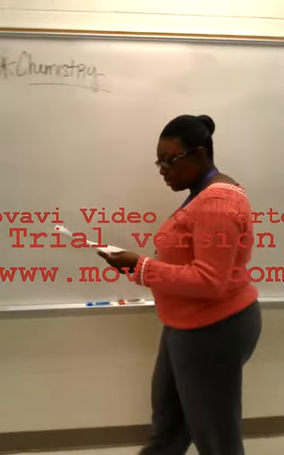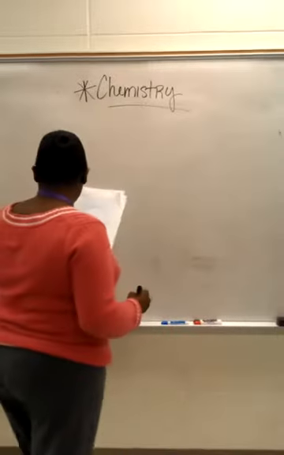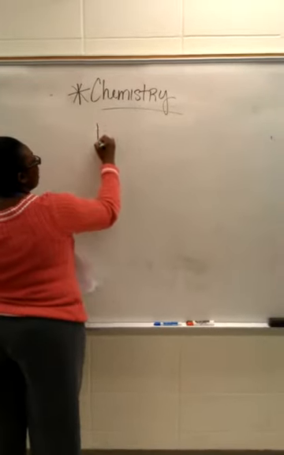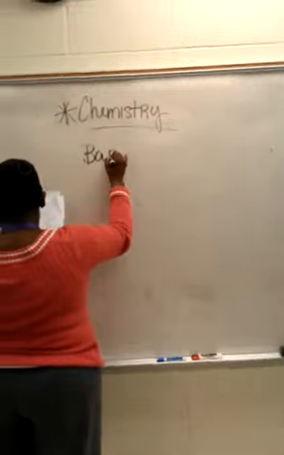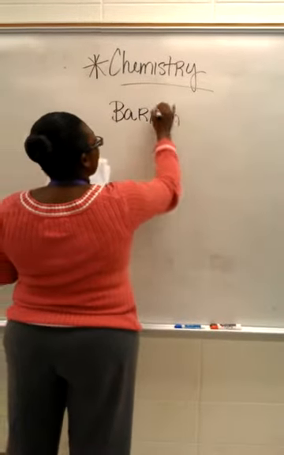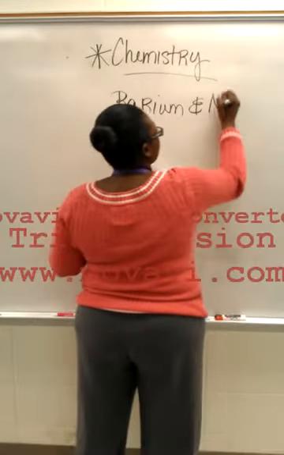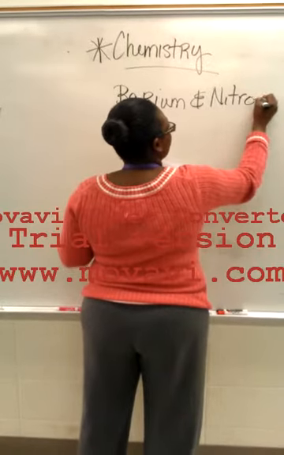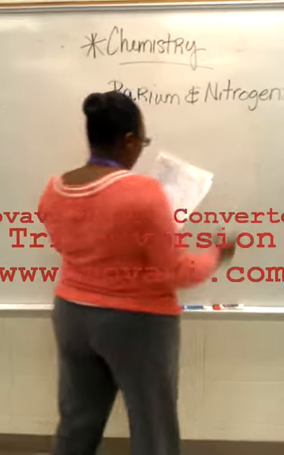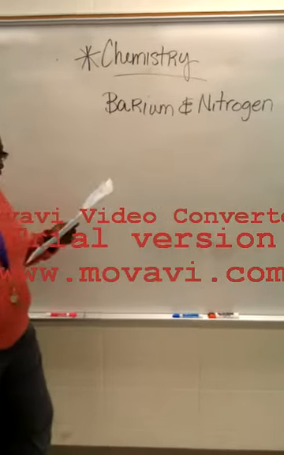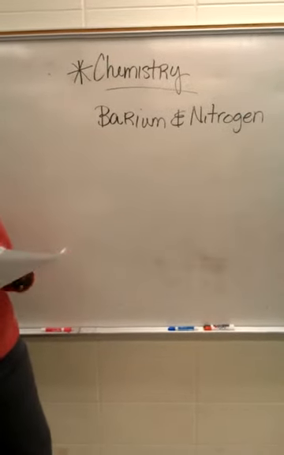So I'm on your in-class practice, and I'm doing number 1A, and it says you have barium and nitrogen reacting. And it wants you to do Lewis dot structures and do the formula unit.